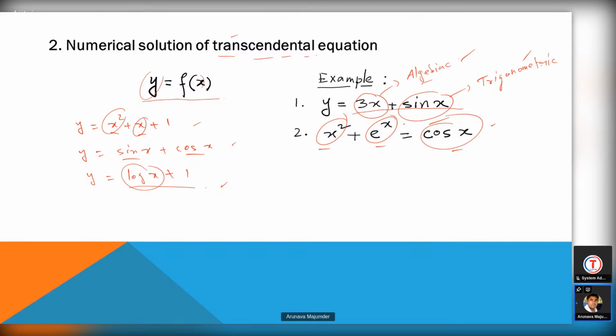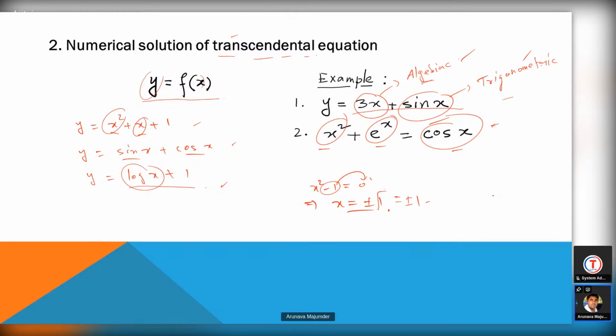For example, if I have x square minus 1 equal to 0, we can solve it by putting 1 on the right hand side and taking the square root, so plus minus 1 is the solution. But if the equation is of type algebraic, trigonometric all together, then it cannot be solved that way.